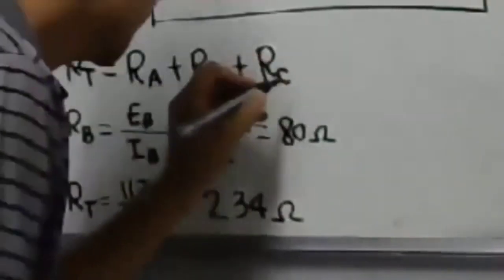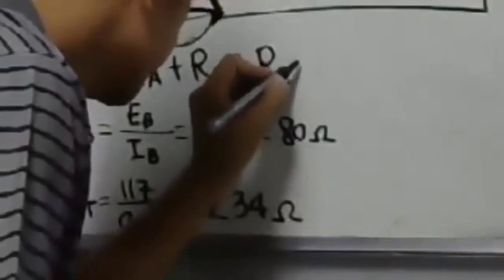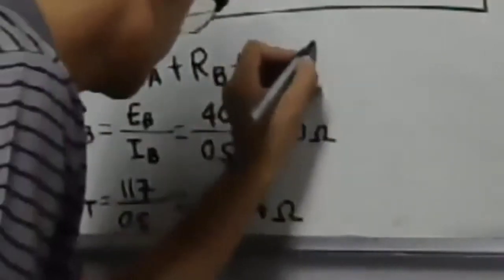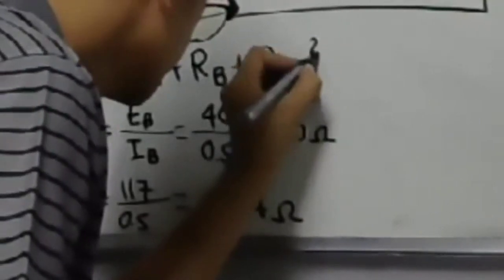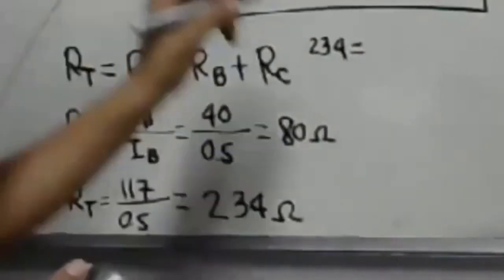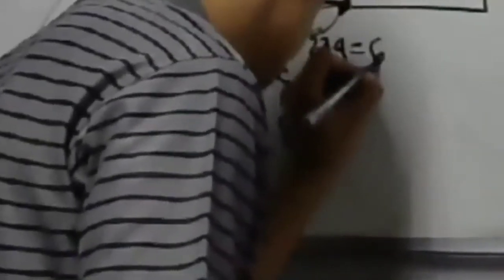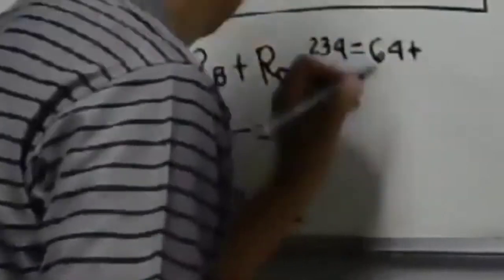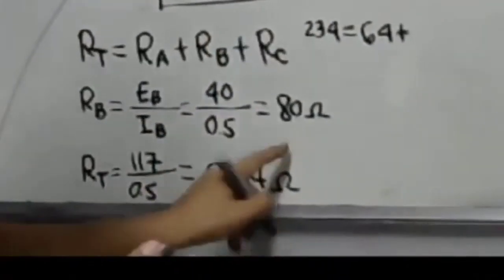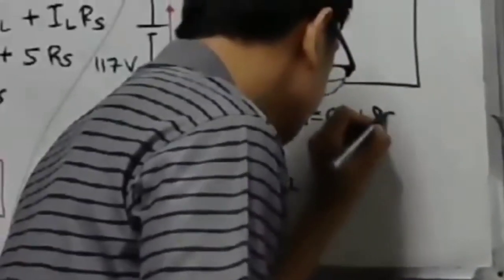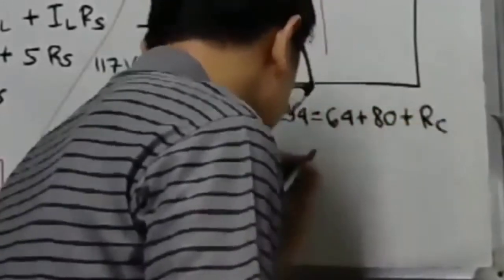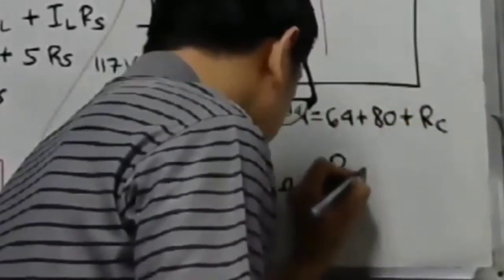So take note of our working formula here, we have our R total. We can substitute here: R total, 234, is equal to RA, which is 64, plus RB, 80 ohms, then plus RC. So we can easily get the value for our RC.